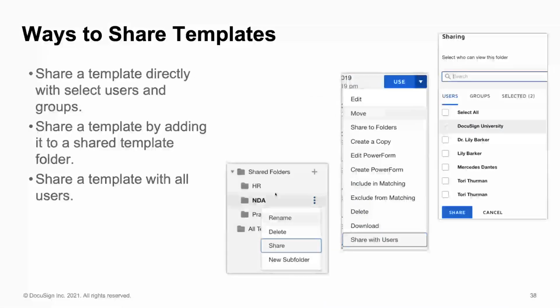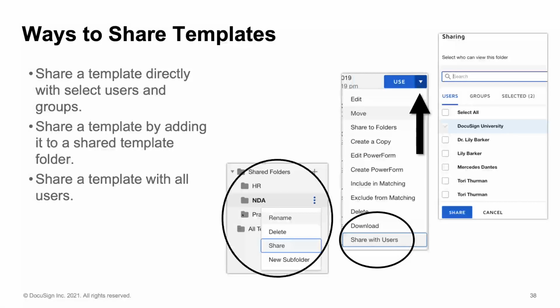So how can you share a template with users? Well, from that same actions dropdown where we've been working, you'll see there's a share with users option. You can click on that and then choose who you want to share with. Alternatively, you can also add a template to a shared folder and then share that folder with the users of your choosing.